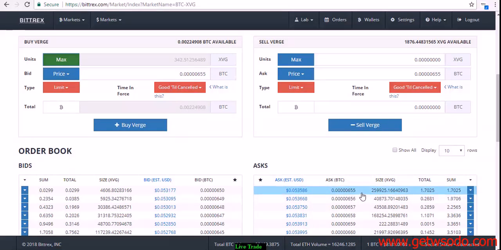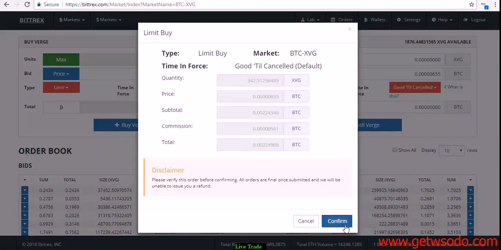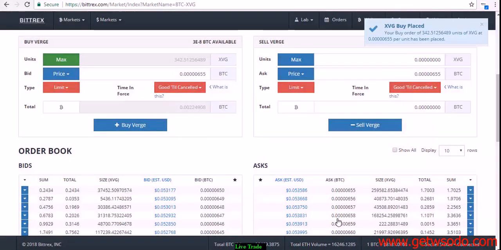I agree to pay the 655, which is the most aggressive ask. It's the lowest ask. And with my 0.00224908 Bitcoin, I can buy 342.51 of these coins.